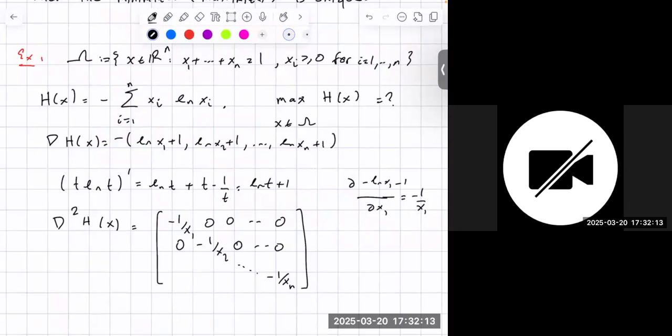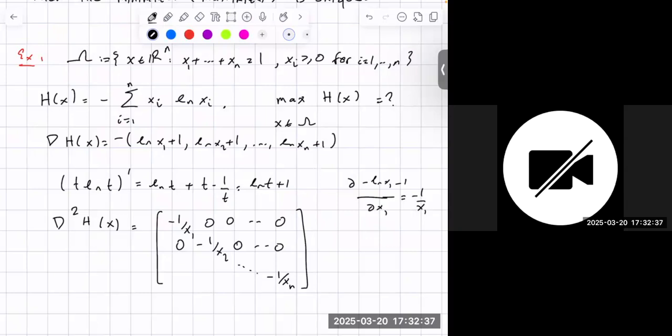So when I write the gradient of this guy, I'm going to take the derivative of the whole thing with respect to the first variable. And the only thing inside that deals with the first variable is x1 times ln x1. So the first thing is going to come out like this. And there's a minus I forgot, so there's a minus in front of everything.